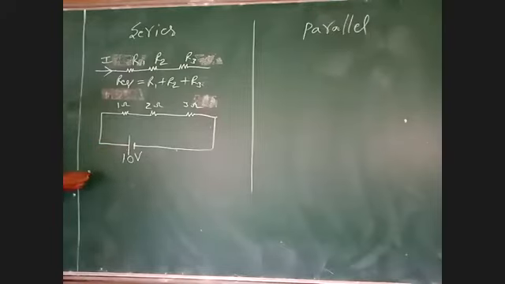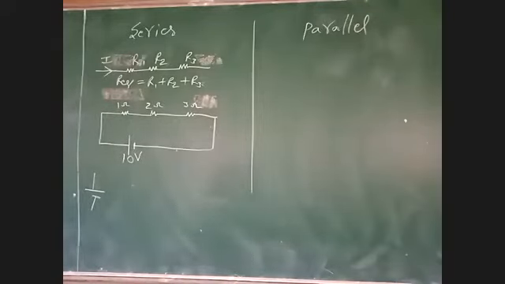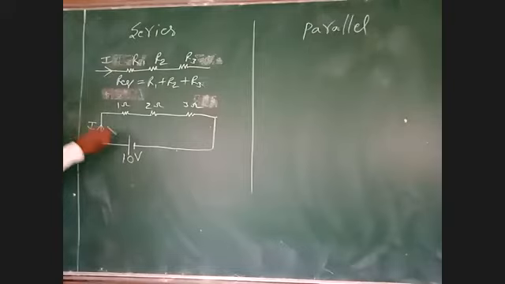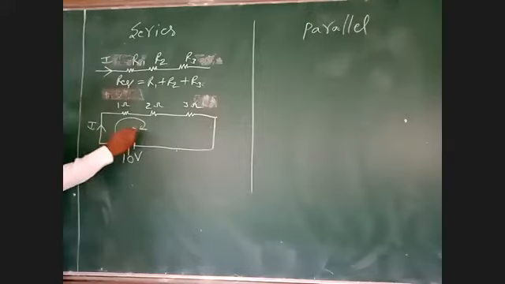I have already told you, if this is the voltage source, current flows from negative to positive terminal. Current I is flowing like this. This is your current direction.